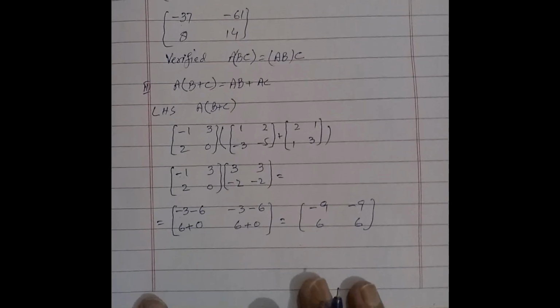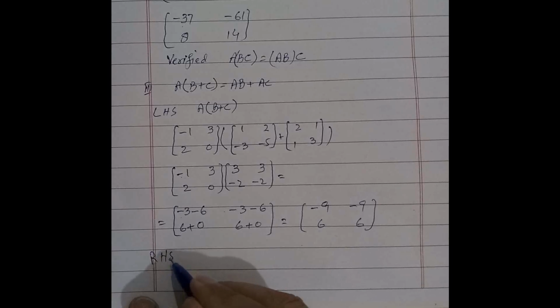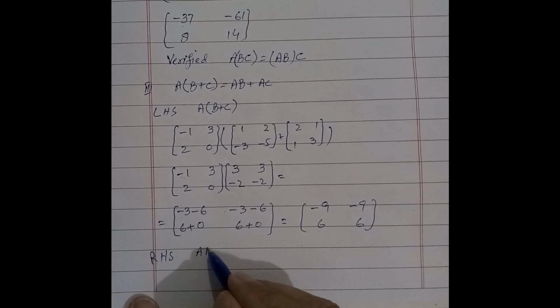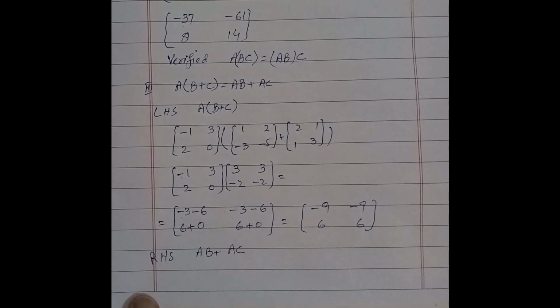Now we solve the right hand side of the question. The right hand side is equal to AB plus AC. So we put the values of matrices A, B and C in this right side.